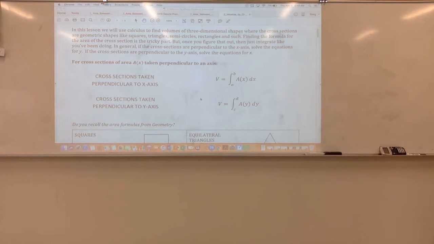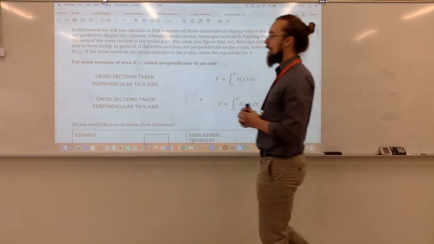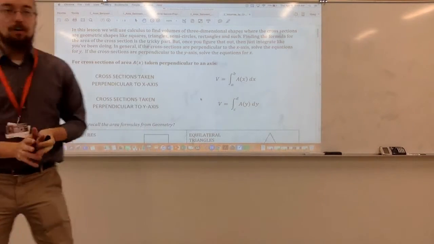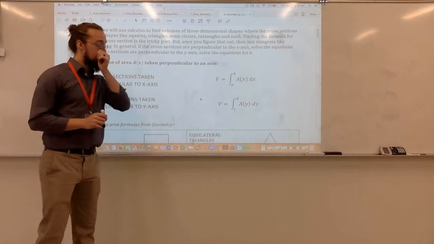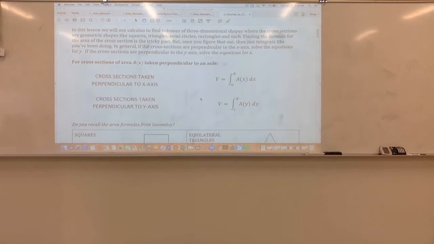Alright, so today we are going to start looking at how to find volumes of really weird looking objects. We need to understand though how to find areas. So it's going to be really important that we understand what we just did to do this new thing, to find volumes.